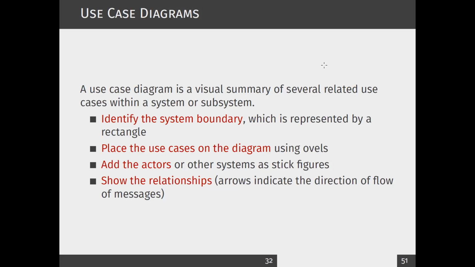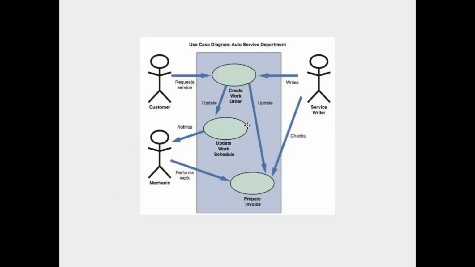And then we identify use cases. So we place the use cases on the diagram as oval shapes. Then we know that there should be actors, so you add actors, and finally you show the relationships. You draw arrows.